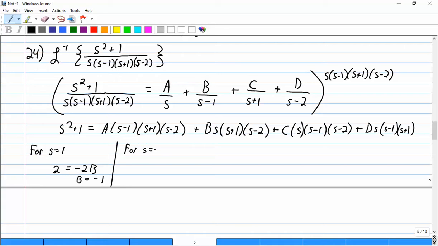And for s equals negative 1, negative 1 squared is 1, plus 1 is 2. A, b, and d are 0. So negative 1 times negative 2 times negative 3 is negative 6c, so c equals negative 1/3.